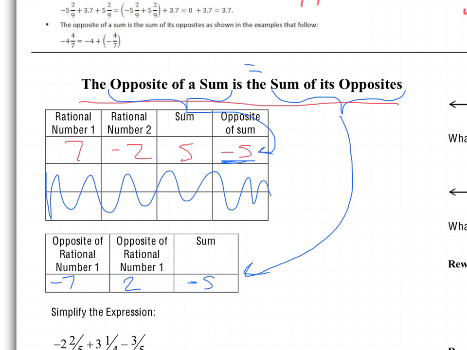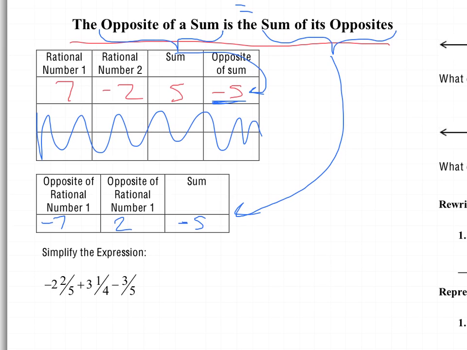So if we wrote this down, we would write this down as we're saying the opposite of 7 plus negative 2 is equal to the sum of its opposites. So the sum of negative 7 plus positive 2.